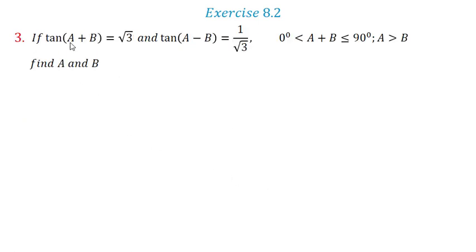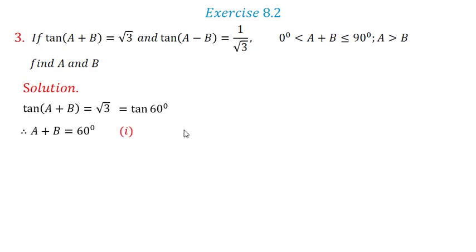Now third question is, if tan (a plus b) is root 3 and tan (a minus b) is 1 upon root 3, where a plus b is between 0 and 90 degree and a is greater than b, I have to find the value of a and b. Now here tan (a plus b) is root 3. I know that tan 60 degree is root 3, so the value of a plus b will become 60.